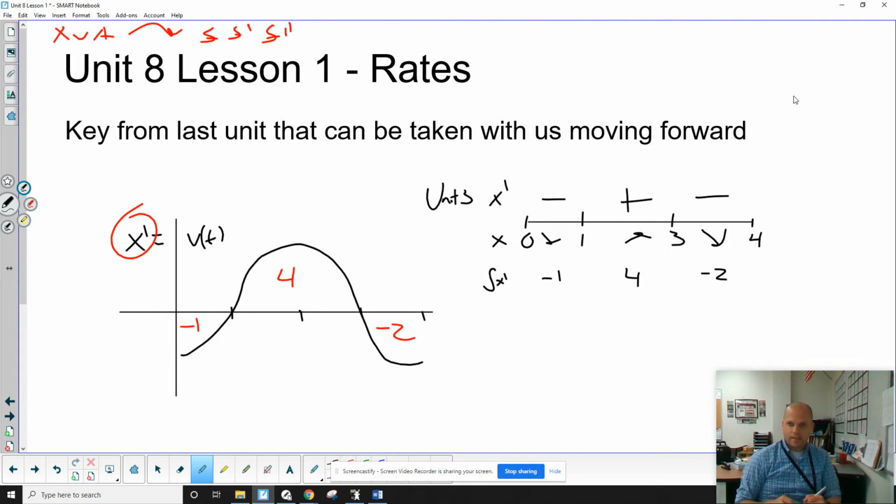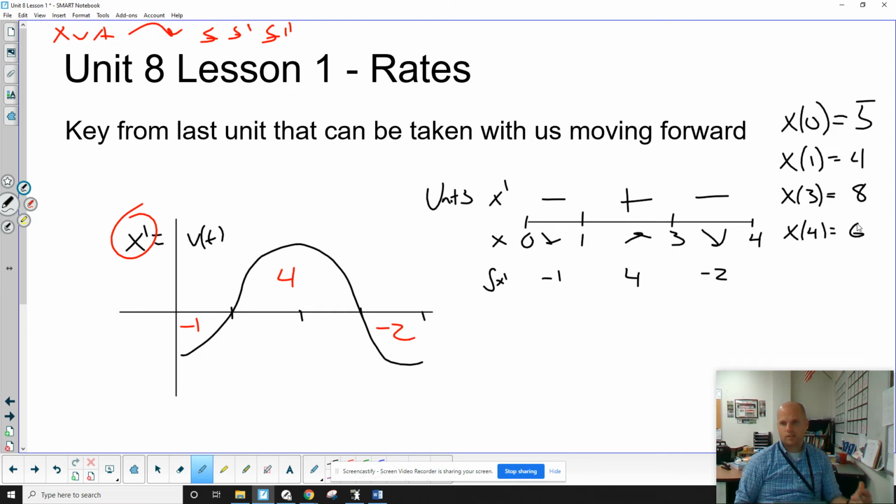If we are given an initial function value or initial position, we can use these areas to find future positions. We could say x of 1 has to be 4 because I go down 1. x of 3 has to be 8 because I go up 4. x of 4 has to be 6 because I go down 2. This is how we find maxes and mins.